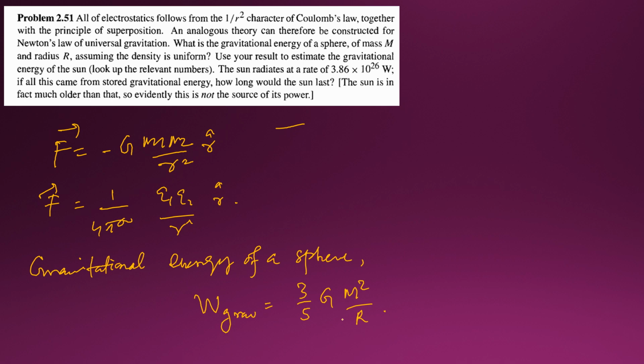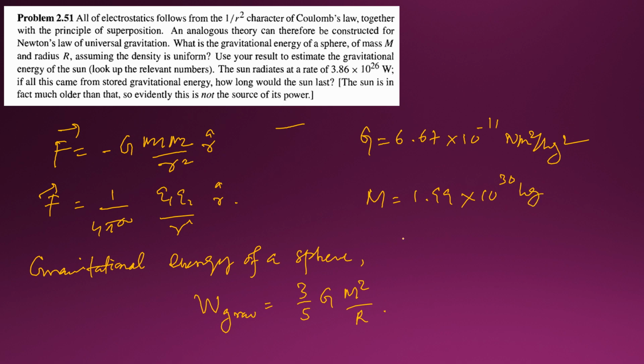Alright, so we know the values of everything: G is 6.67 into 10 to the minus 11 Newton meter square per kg square. Mass of the sun is 1.99 into 10 to the power 30 kg. Radius of the sun is 6.96 into 10 to the power 8 meter.